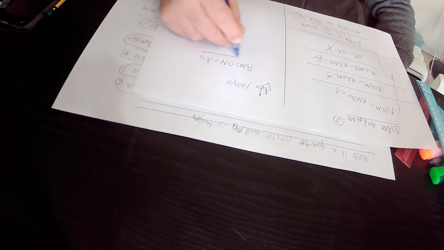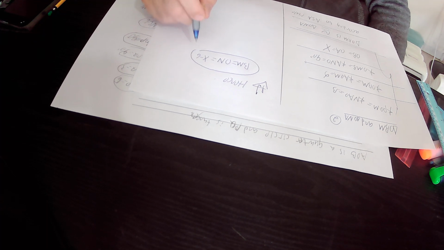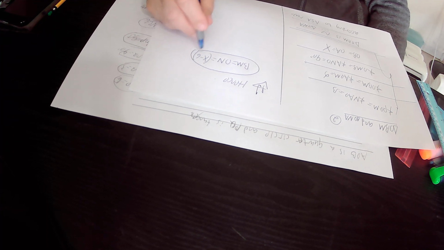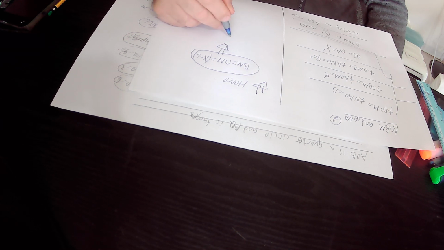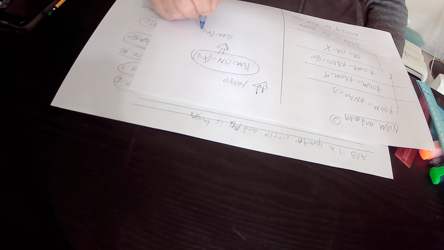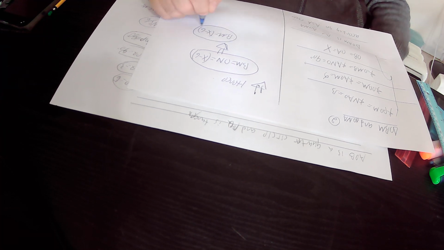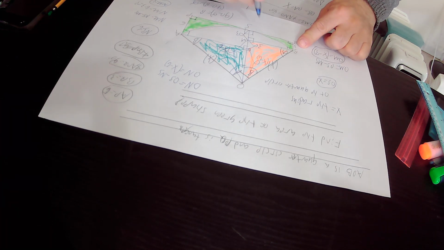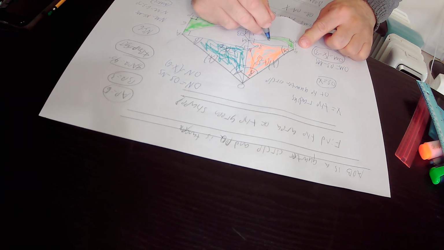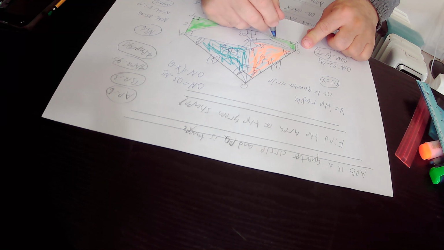And from this equation, BM equals ON equals X minus 6, we derive that BM is also equal to X minus 6. So this is side BM, and BM equals X minus 6 units in its length.